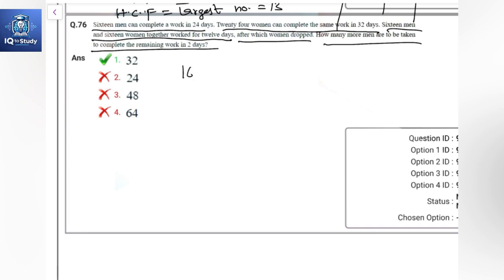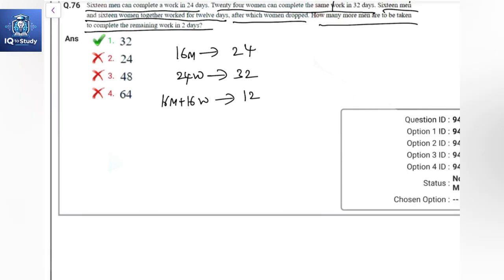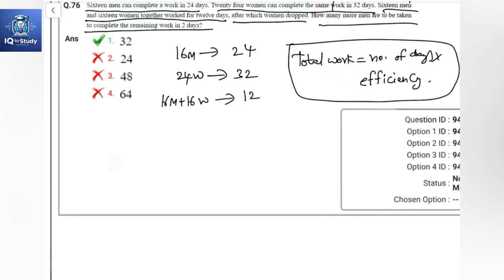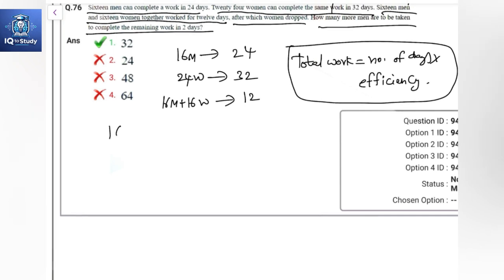Here, 16 men can complete a work in 24 days and 24 women can complete it in 32 days, and 16 men plus 16 women work for 12 days. Here the formula used is total work is equal to number of days into efficiency. According to the question, 16 men can do the work in 24 days.